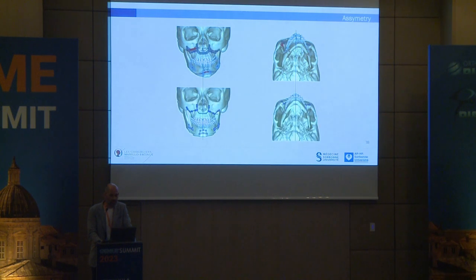So you do see here that we plan, of course, a centering of midline, centering of the chin. You can make as many measurements as you want. You also have those jaws that are properly symmetric after planning.